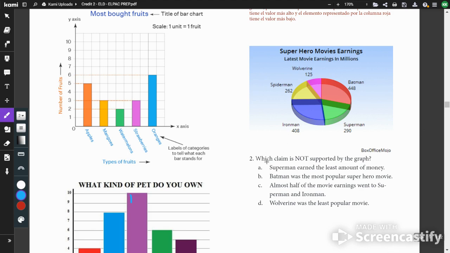So you're going to answer this question. It says, which claim is not supported by the graph? That also means you're looking for something that is false. So use these answers and the chart to find out which one is false.